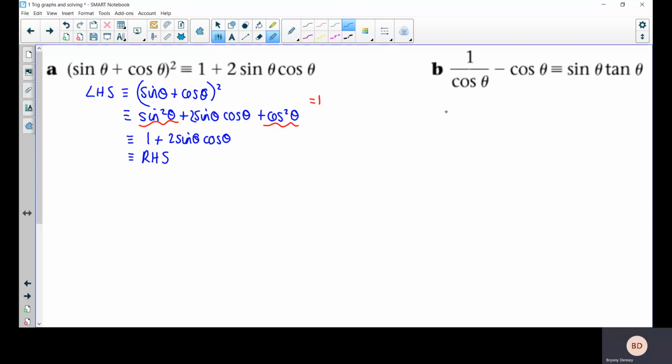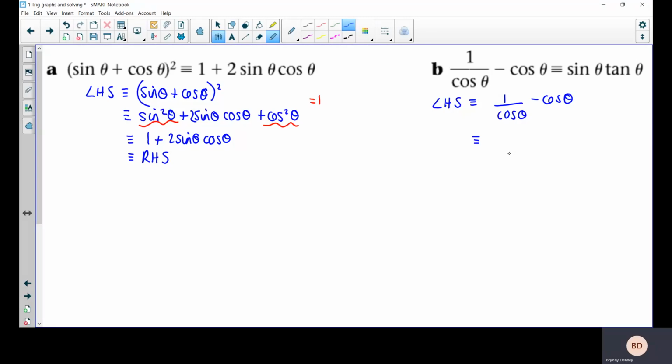Now, on the next one, I'm going to start with the left-hand side. And straight away, it's not looking very obvious of what to do here.